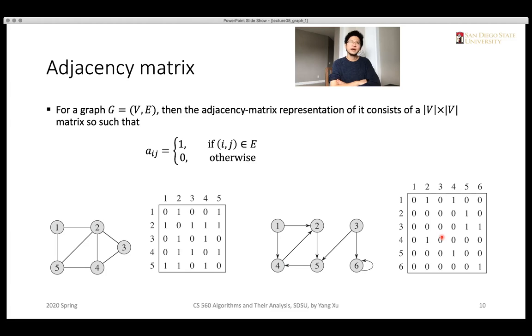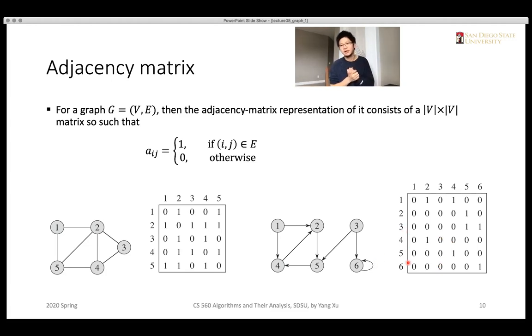We will find that the adjacency list is a more flexible way to represent a graph, because it's easy to program and easy to implement. Okay, but in nature, these two methods are interchangeable.